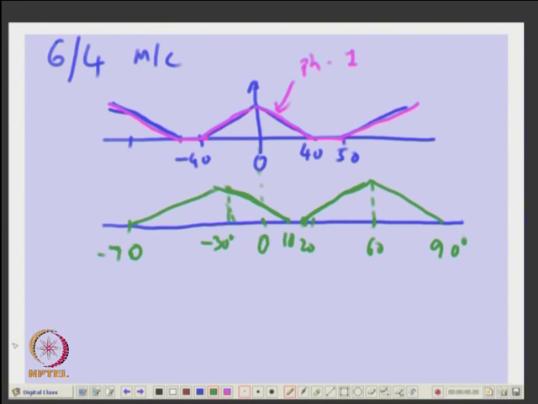So write down typically this is for phase 2, and similarly for phase 3, it is a shifting by 60 degrees basically.